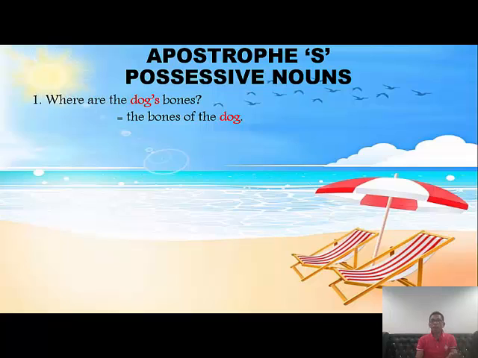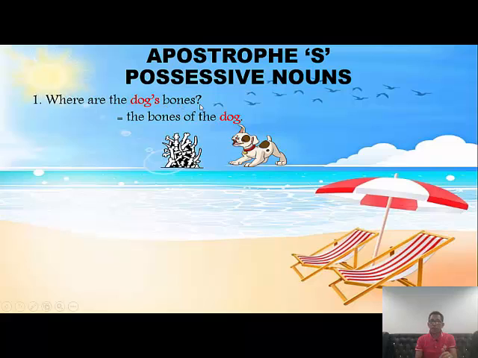But when we talk about a dog, where are the dog's bones? It's still singular. I just want to show you the comparison between this sentence and another sentence. But for now, it is still singular: the dog is singular, and we just add the apostrophe s.